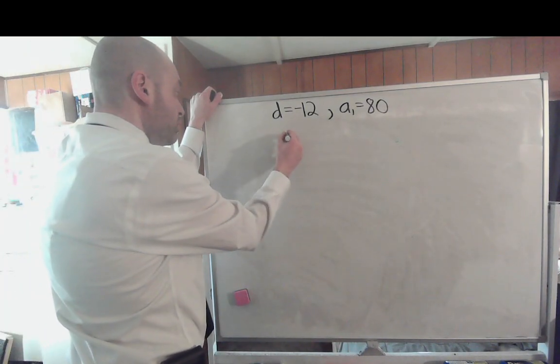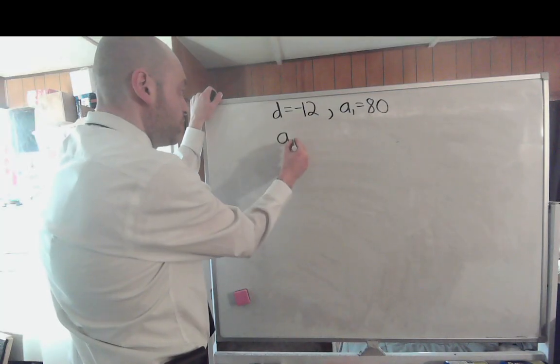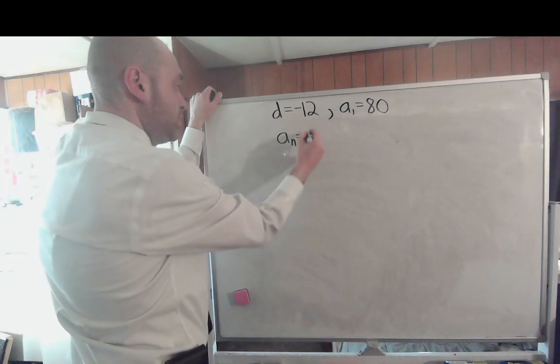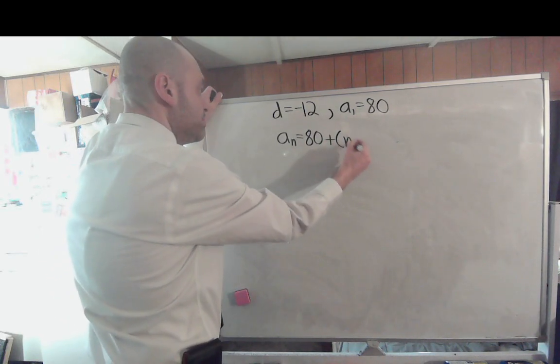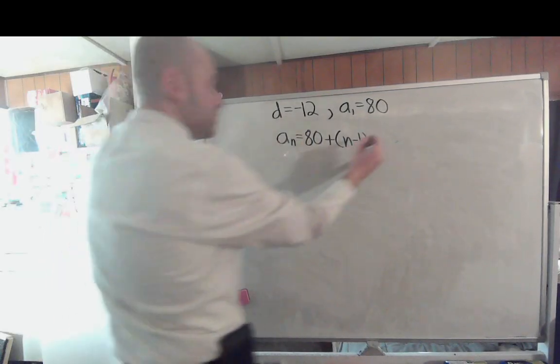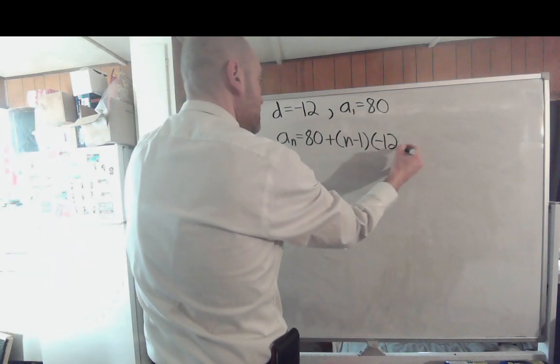So we can go ahead and create the formula right away. A sub n equals your a sub 1, which is 80, plus that quantity of n minus 1 times that difference of -12.